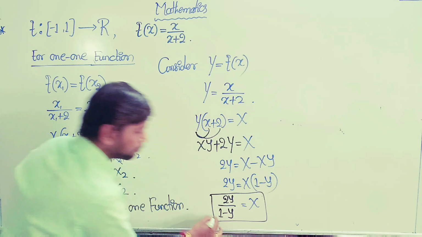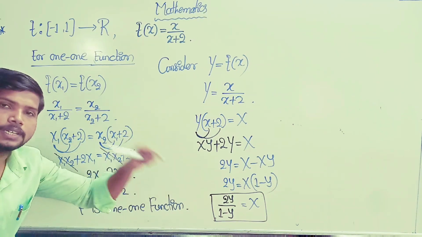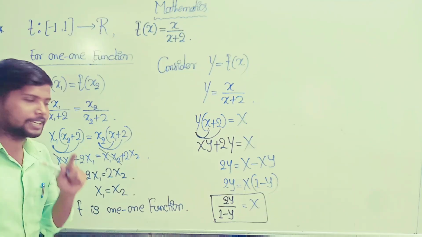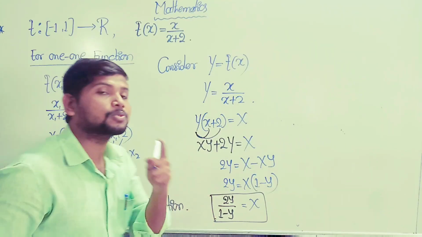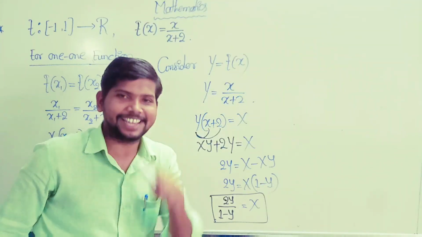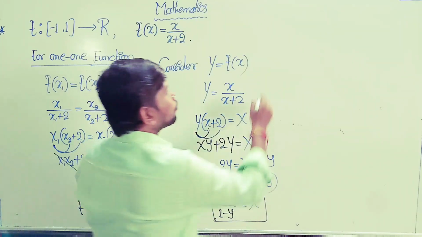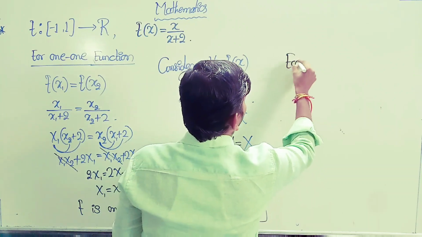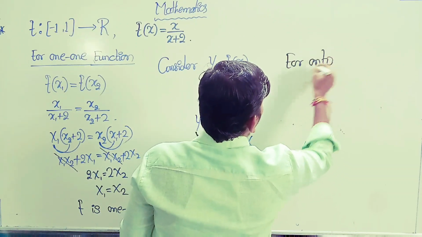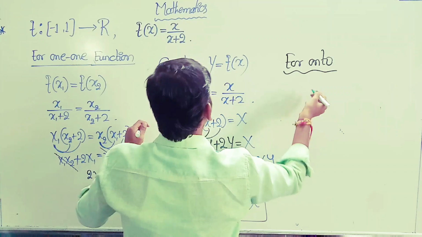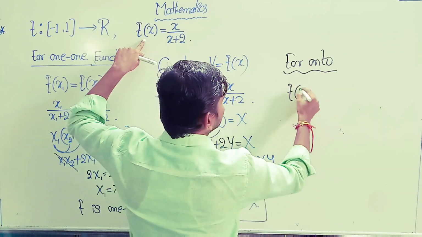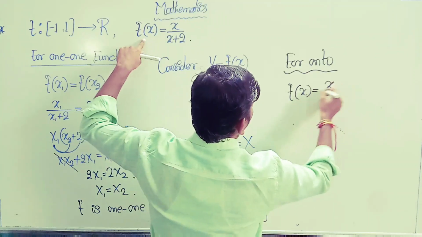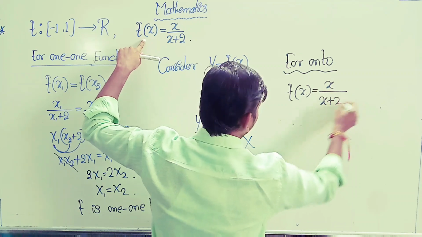Our x it is. To check the onto, we are going to calculate x value. After this one, what do we have to calculate? Yes, exactly. I need to calculate for onto now. Just write the question. In all the problems, I am going to do the same thing.